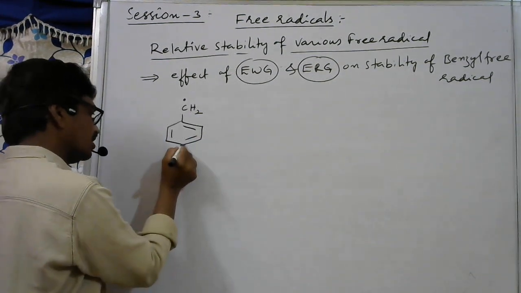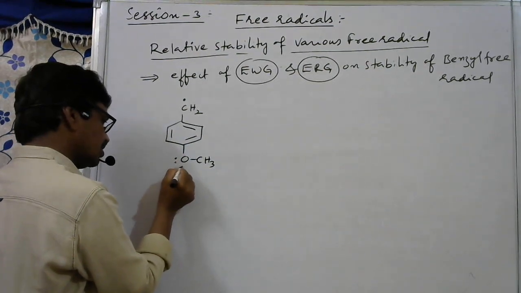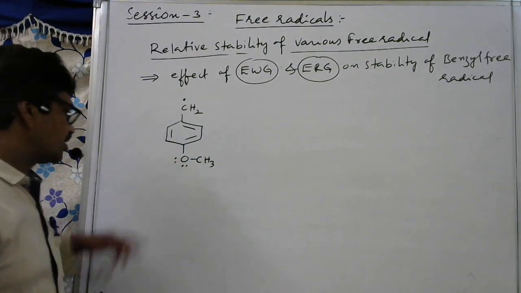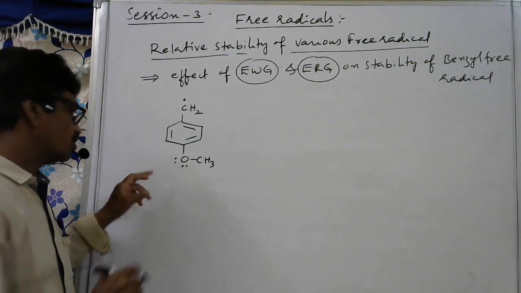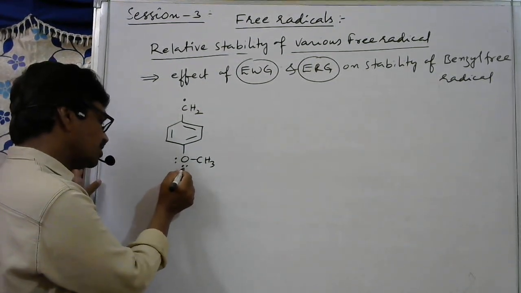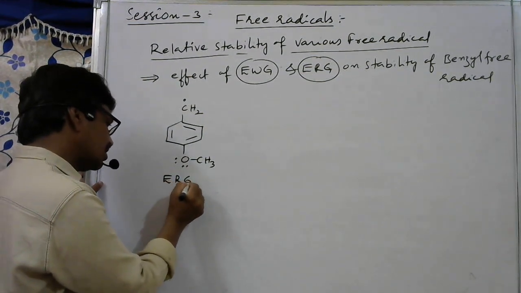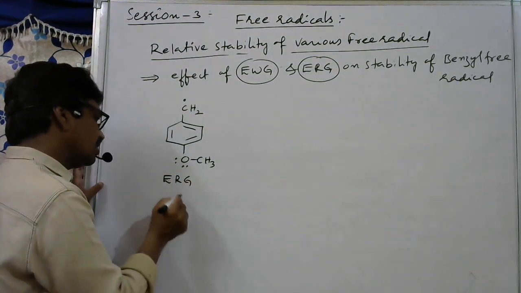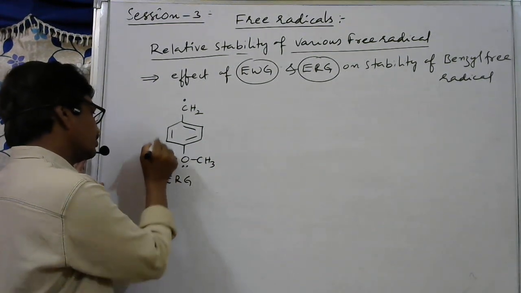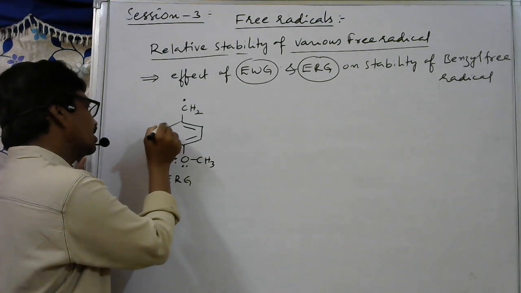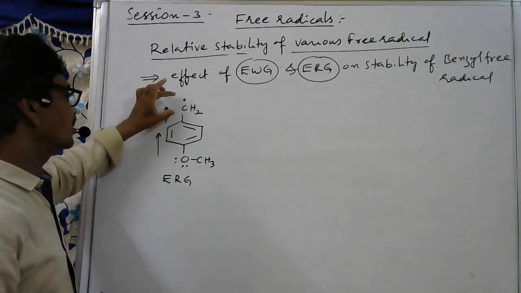This is a free radical. Here, for example, OCH3 is present. On OCH3 there are 2 electron pairs on oxygen, the key atom directly attached to the benzene ring. So when electron pairs are present, it acts as an electron releasing group. Because of this ERG, electron density moves from here to the ring, and through the ring it can move to the CH2, so the number of electrons increases.